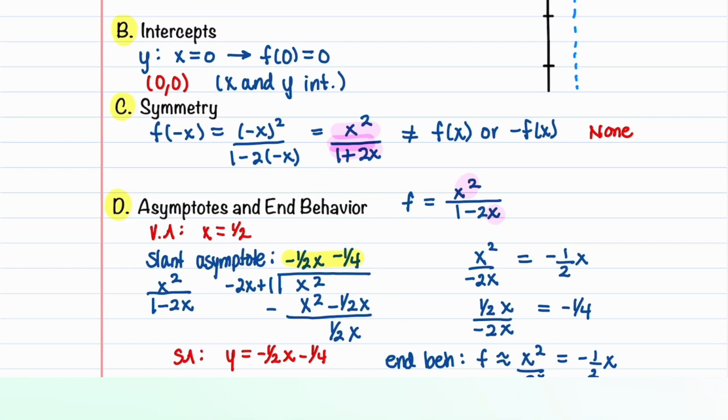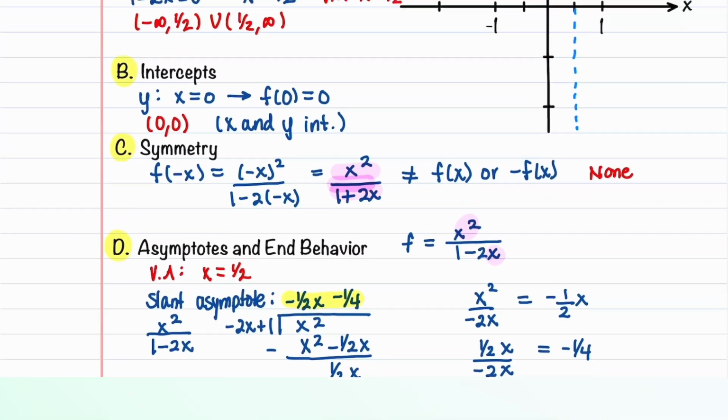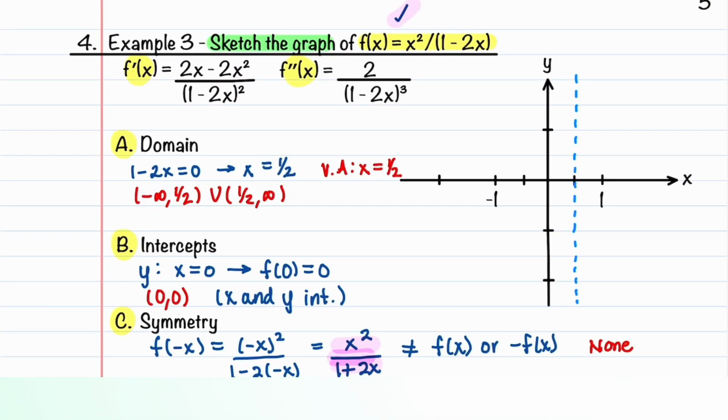We have a slant asymptote, and I'm going to put our slant asymptote up here. We found that our slant asymptote was y equals minus 1/2 x minus 1/4. Let's graph this. When x is 0, y is minus 1/4, so we have this point right here.